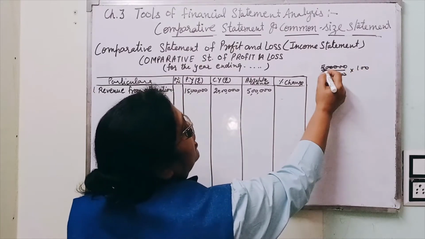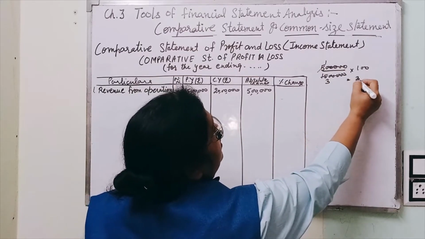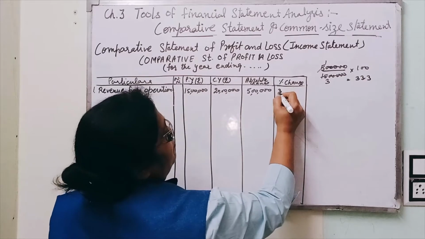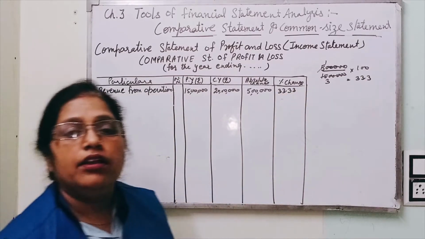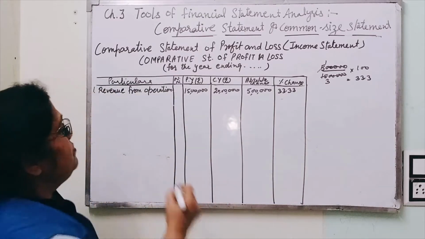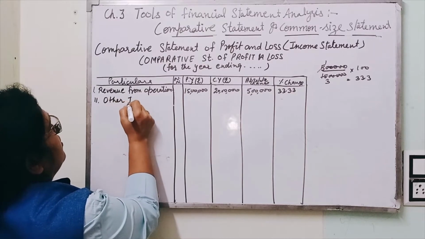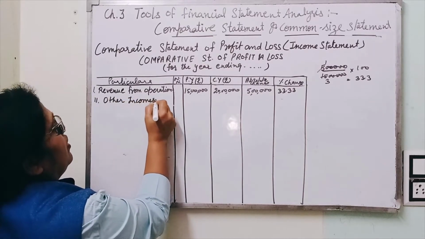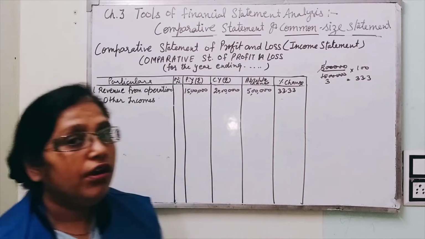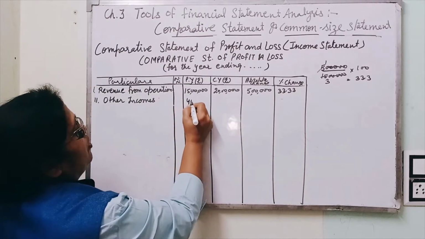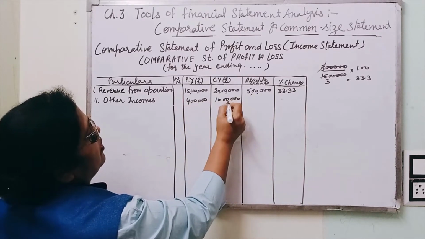Always cancel zero with zero, it makes the calculation easy. It comes to 33.33%. Clear? Next is other incomes. Second point, other incomes. Other incomes are given to you that are 4 lakh and 10 lakh. 4 lakh for previous year and 10 lakh for current year.